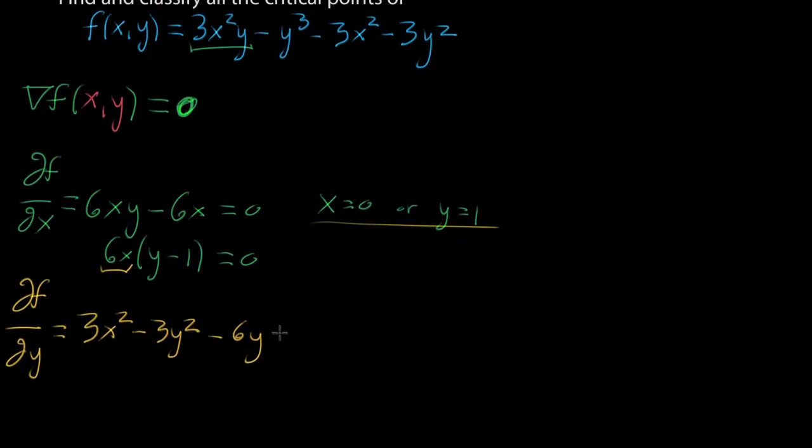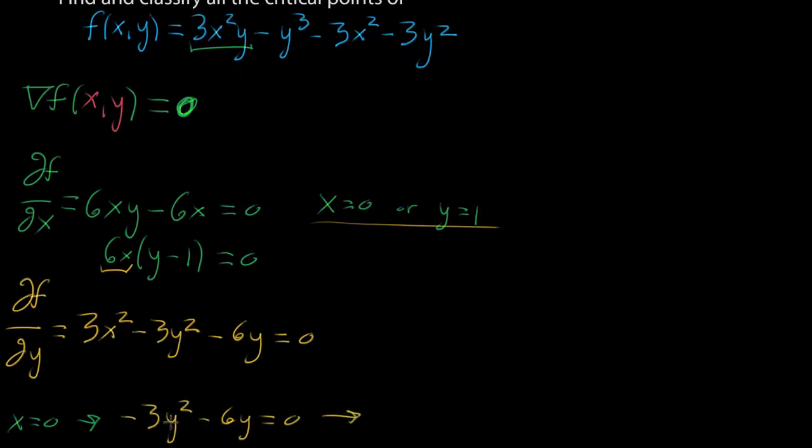And for the second equation, when we set it equal to 0, it's not immediately straightforward how you would solve for this in a nice way in terms of x and y, but because we've already solved one, we can plug them in. For example, if x is equal to 0, we want to see what that turns our equation into. Then 3x squared is 0, and we'd just be left with negative 3y squared minus 6y equal to 0. And that we can factor out a bit.